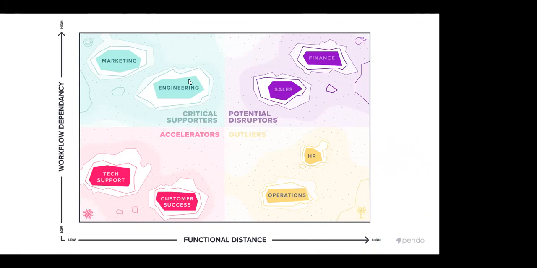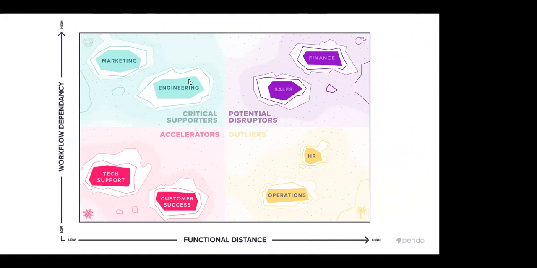Thanks, Mike. So the approach that we took was looking at essentially two different axes of what influence really means. One axis on the bottom there is functional distance. What we mean by that is essentially how closely aligned are the groups within the actual organization. How often do they interact? How closely do they work and support each other in trying to achieve their goals?